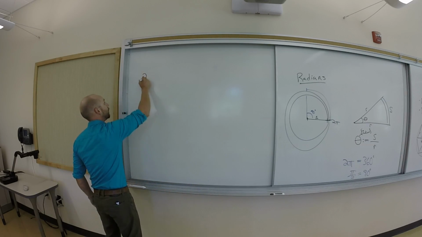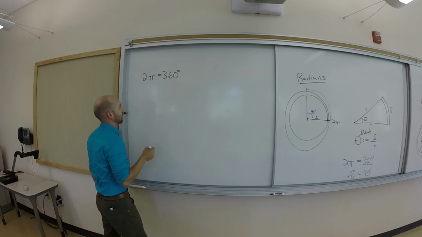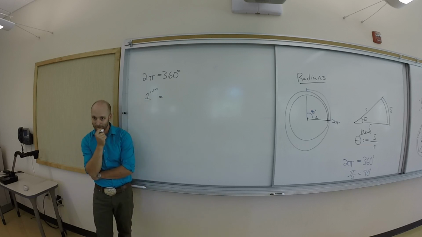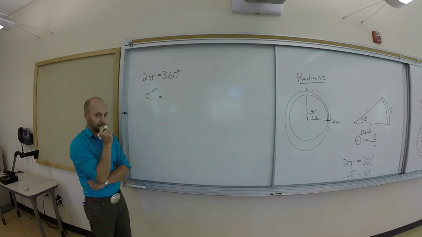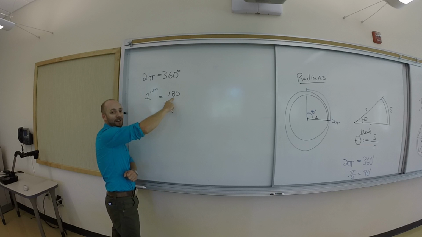All right, conversion factor. If 2 pi is 360 degrees, what's 1 radian? No, that's 1 pi. So 180 degrees is 1 pi radians.